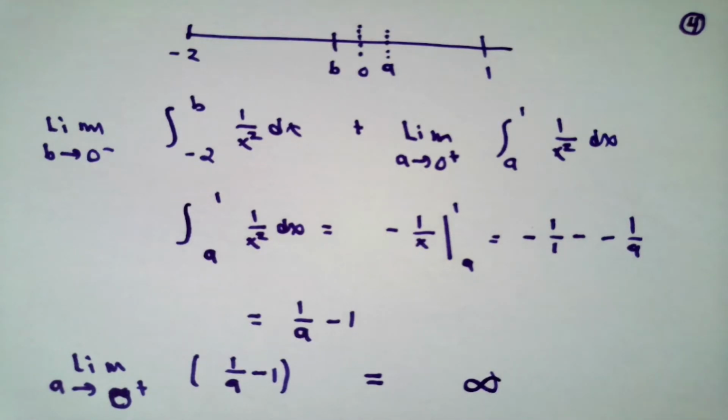What we mean by this is these numbers, 1 over a minus 1, do not converge to anything. They can be made as big as you want to make them, and we just symbolize it by saying equals infinity. We really should say this limit diverges, or even diverges to infinity would be a better way of saying it than equals infinity. But this is standard language, so we're stuck with it.